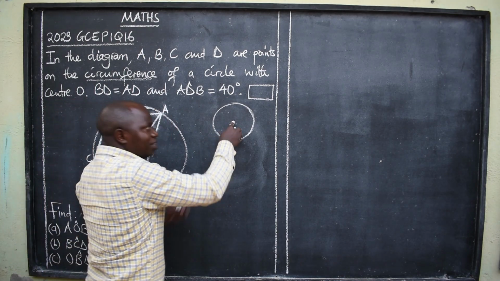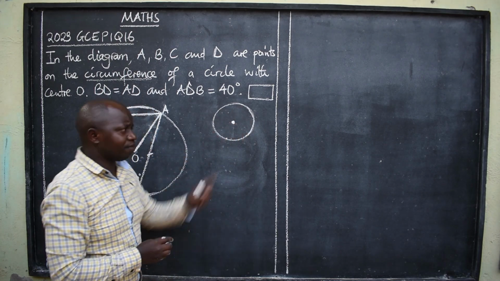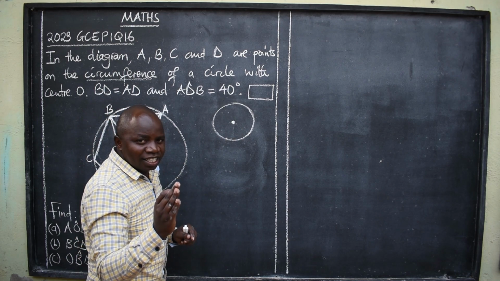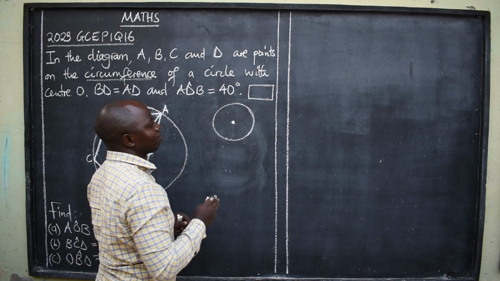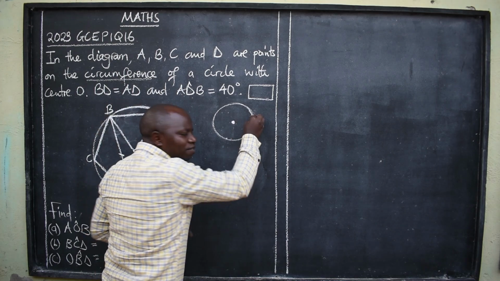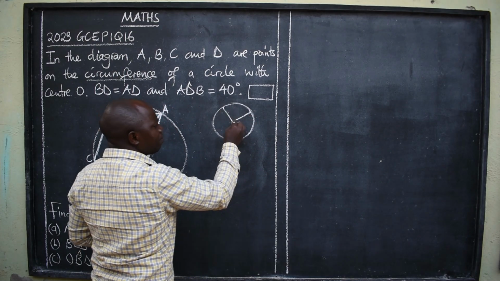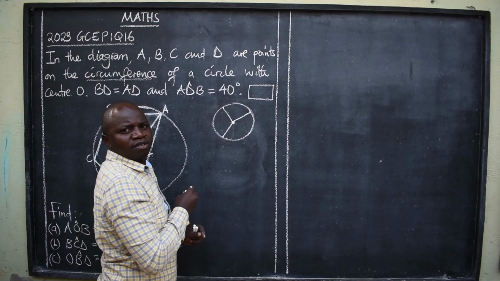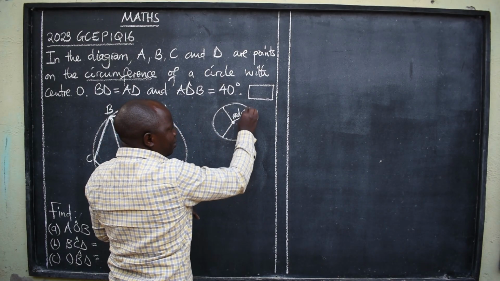This is the center of the circle where the length here is always equal from that. Okay, now any line or distance from the center to the circumference, it can be like this, it can be like this, it can be like this. As long as it is from the center to the circumference, this length is always called the radius.